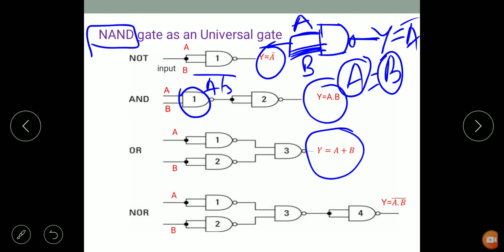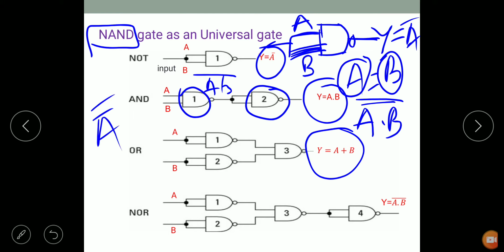Now we give that output to the second NAND gate. Then we get A dot B whole bar, double bar. As we saw in the previous video, complement of complement is nothing but the variable itself.